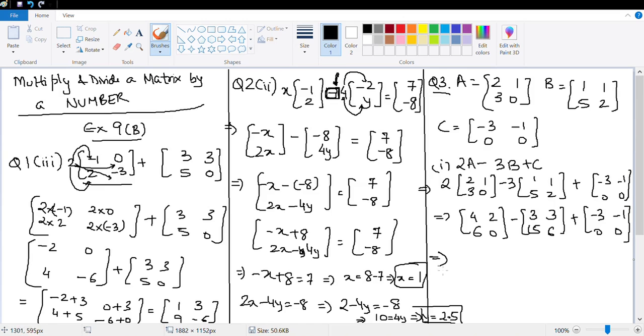Now I need to add and subtract. So I look at individual elements. 4 minus 3, this is subtracting, plus minus 3. The second one is 2 minus 3 plus minus 1. This is 6 minus 15 plus 0, 0 minus 6 plus 0.